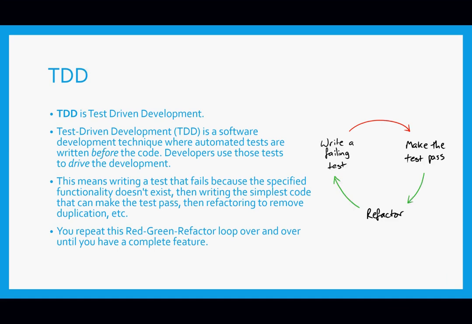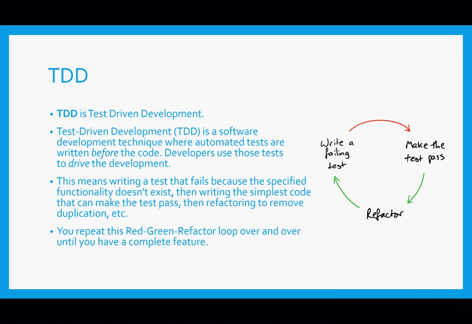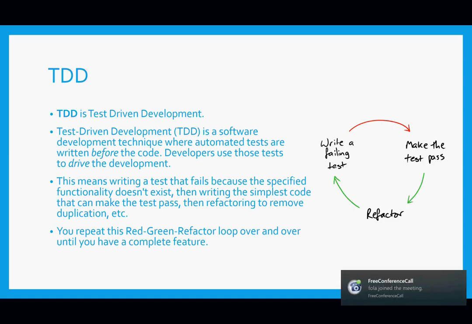Then after that, if the test does not pass, you fix the code, you run the test again, you fix the code, you run the test again. So that goes on in that cycle until that particular test passes. So to recap, the first thing you do is write your test. Then from there, you write your code.